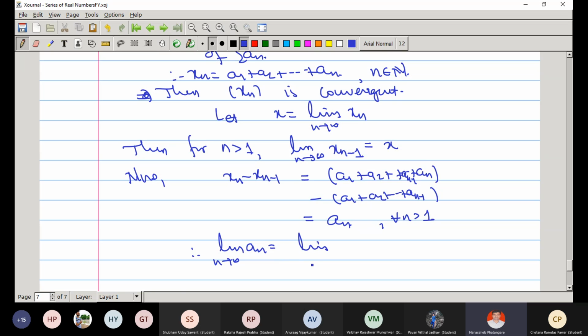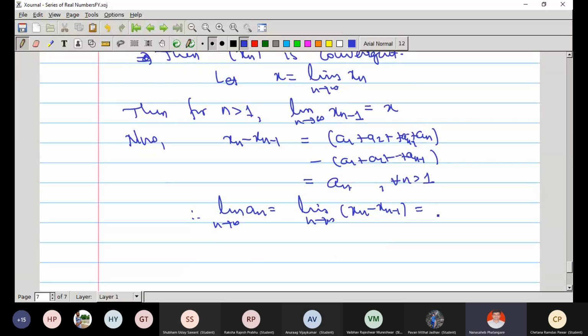Limit of xn minus xn minus 1, because an is nothing but that, right? By algebra of limits, it is the limit of xn minus the limit of xn minus 1. But the limit of xn is x, the limit of xn minus 1 is also x, and therefore 0. So is the proof clear?